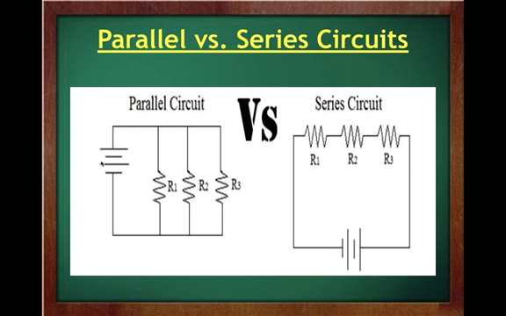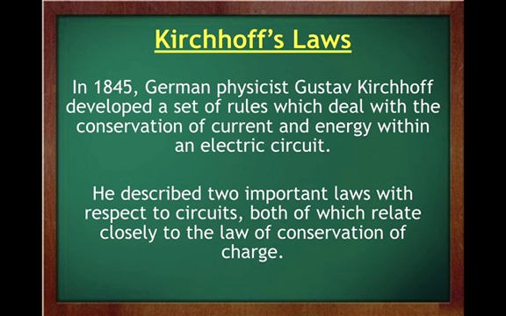So they're resistors connected in parallel, meaning they're on different paths of the circuit. This is where the big differences are going to come in terms of Ohm's law and Kirchhoff's laws about what happens with total resistance, total current, and total voltage, given the different types of circuits.